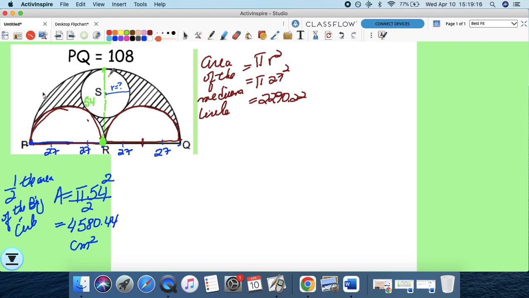So 54 represents the radius of the big circle. How is that going to help me?